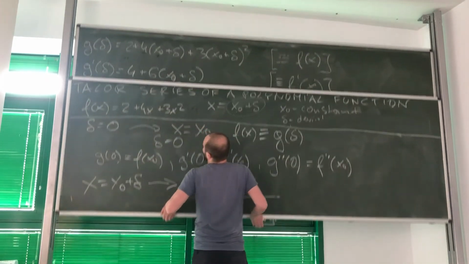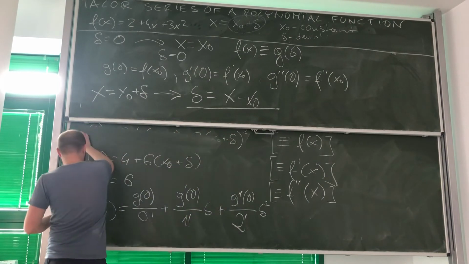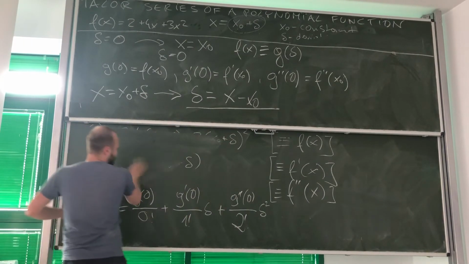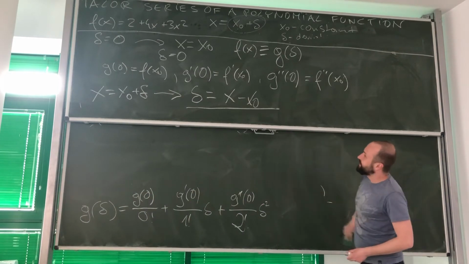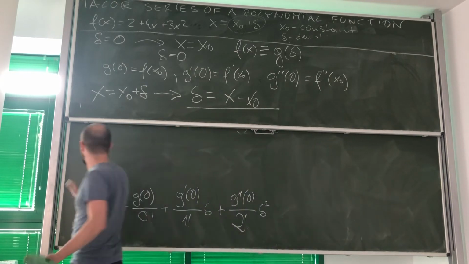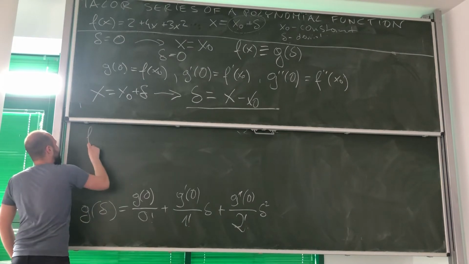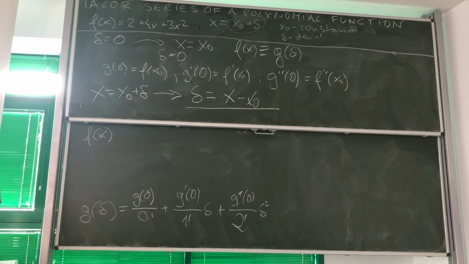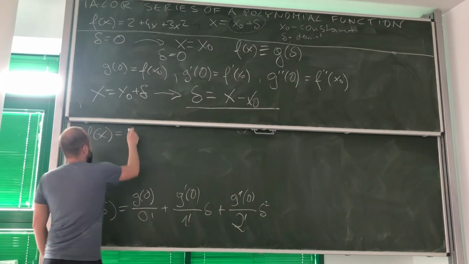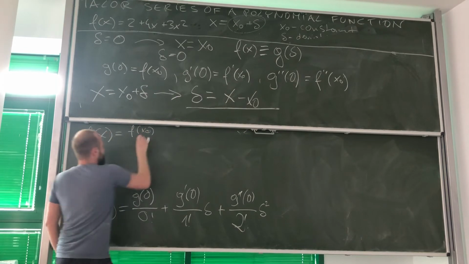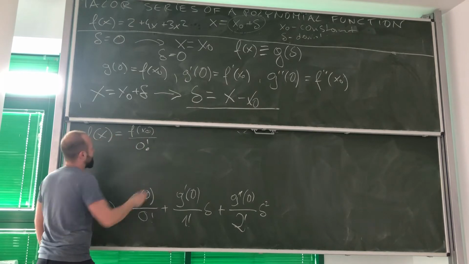Why? All I need to do is to take the Maclaurin formula I've just used, the one that you see over here, and start replacing it. First, instead of g of delta, I can now write f of x. Instead of g of 0, I can write f of x0, divided by 0 factorial plus.